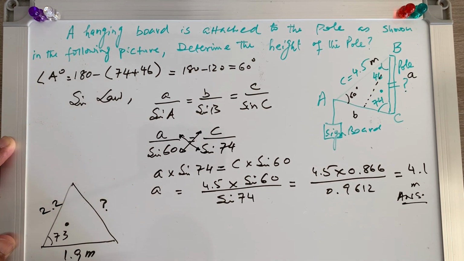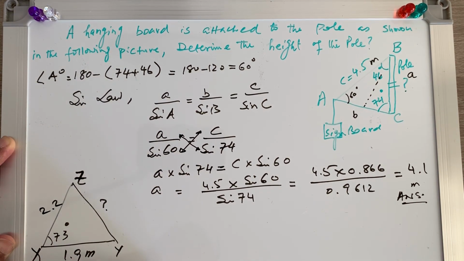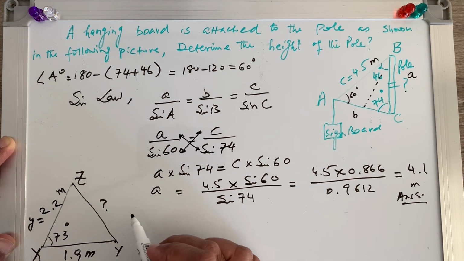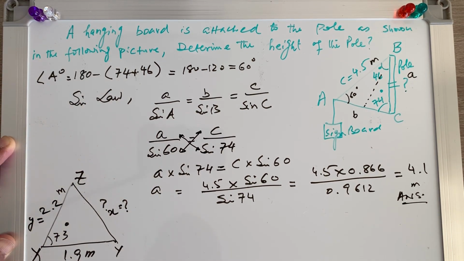So if my triangle is XYZ, first I have to place all the small letters for the dimensions of the sides, opposite to each angle. This y will be small y, and all these are in meters. So 73 degrees, and what is required is this unknown side, the x side.